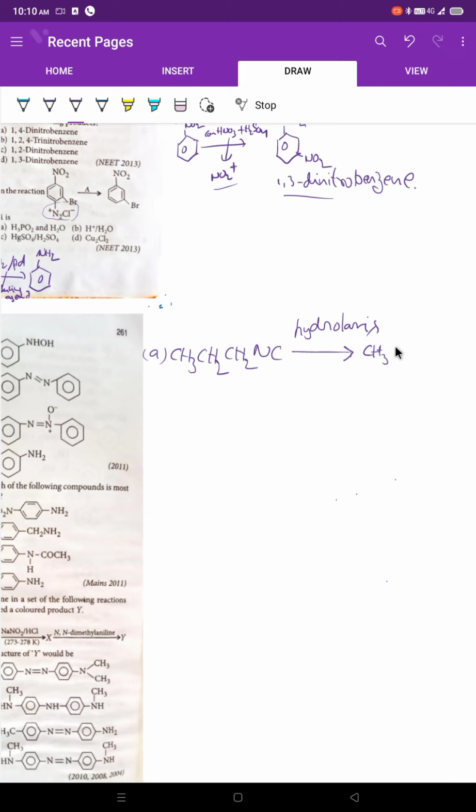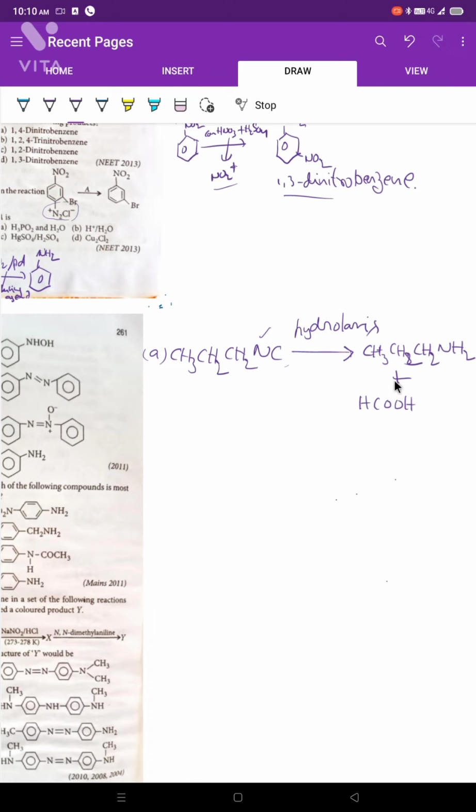We know that on hydrolysis of an isocyanide, you can get an amine plus a carboxylic acid.